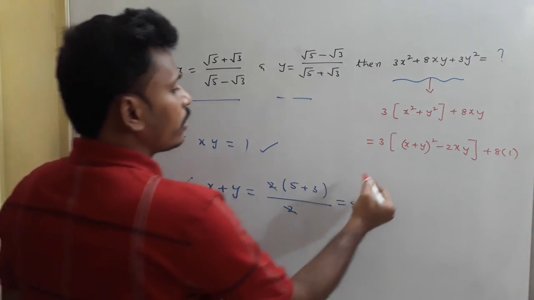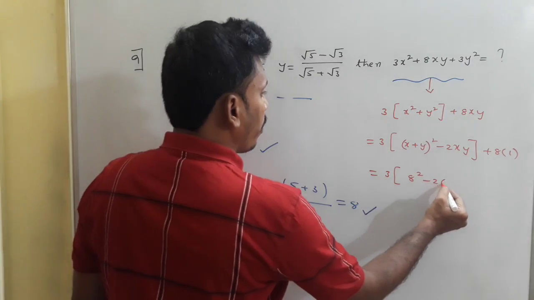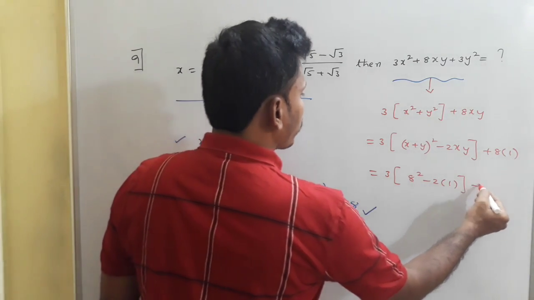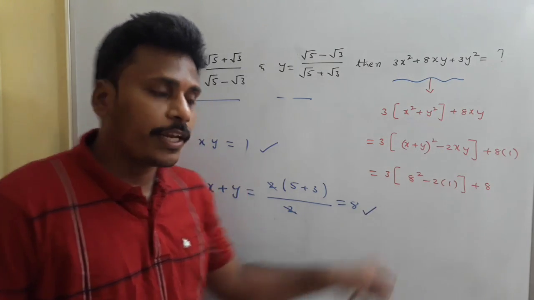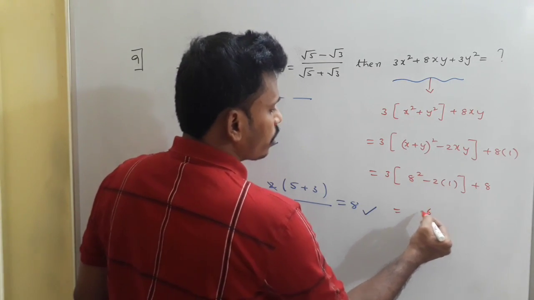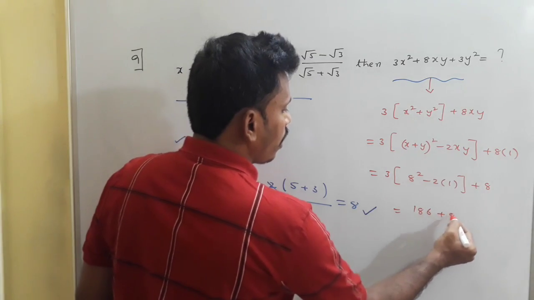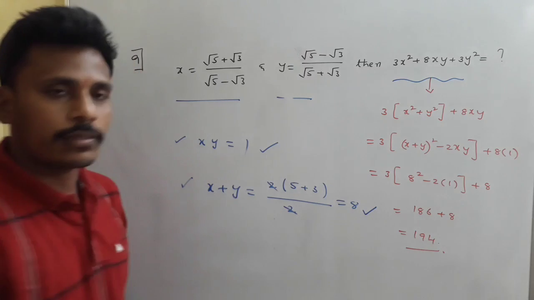Again, this equals 3 into x plus y, which is 8, square minus 2 into 1, plus 8. This is what we need to simplify. 8 square is 64 minus 2 is 62, 62 into 3 is 186, plus 8. 186 plus 8 is nothing but 194, and that's your answer.